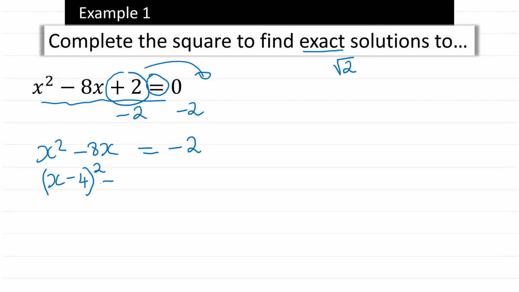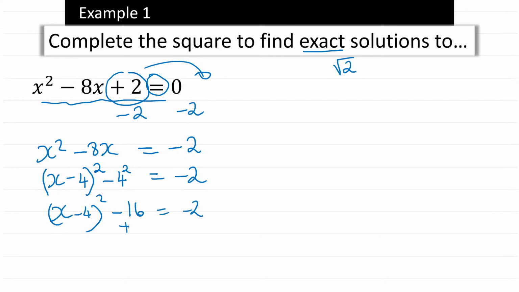Now take away this number squared, so take away 4 squared. We're going to write it like that, equals negative 2. So we now need to remove this negative 4 squared. We know 4 squared is 16. So we're going to have (x minus 4) squared minus 16 equals negative 2.